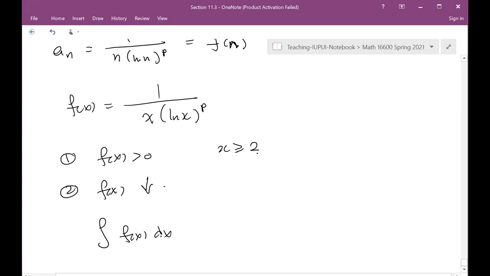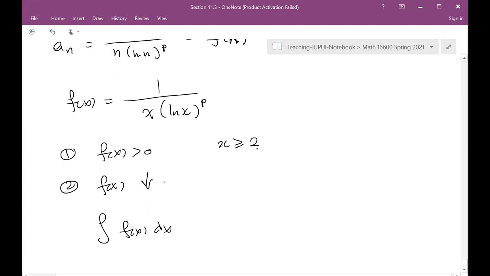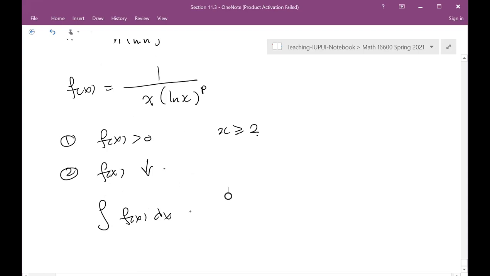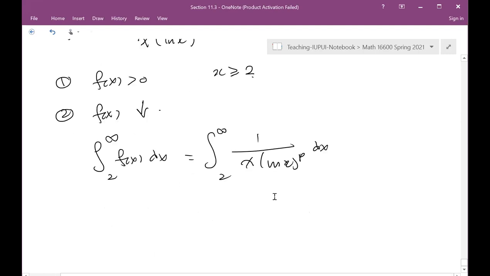So consider this indefinite integral first. Let's look at the direct way. Then you use a substitution.